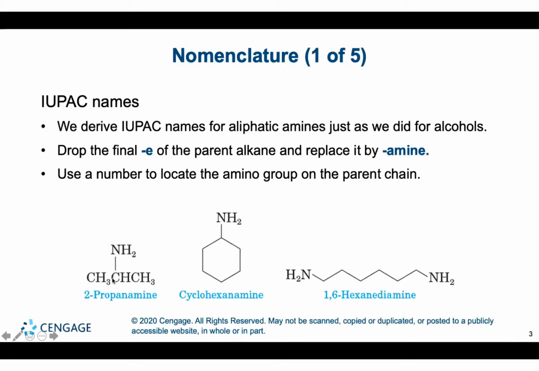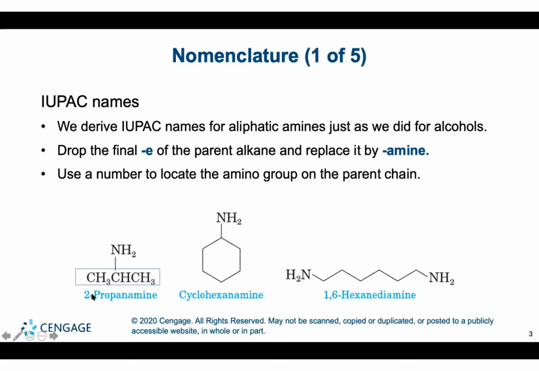Here we have the longest chain, which has three carbons, right? So that's my longest chain of carbon. It's going to be on carbon 2, it doesn't matter from which side I start, right? It's going to be 1, 2. On carbon 2, I have an amine group, right?